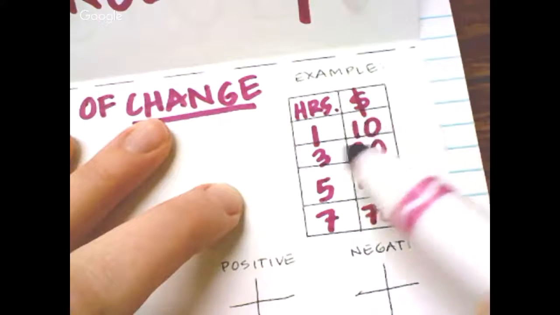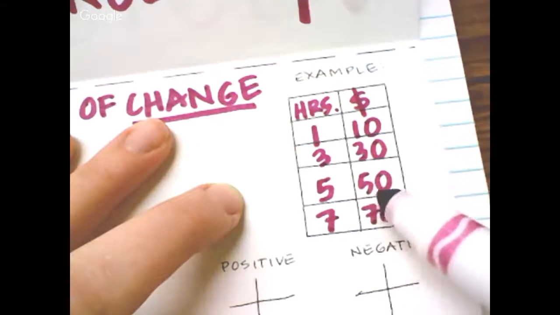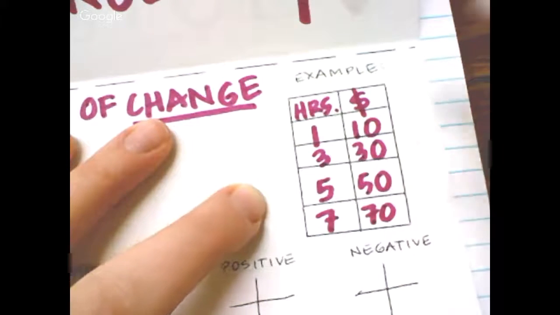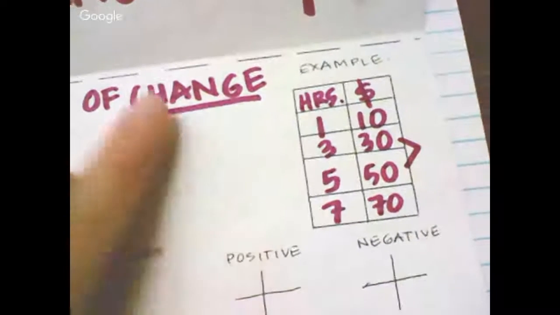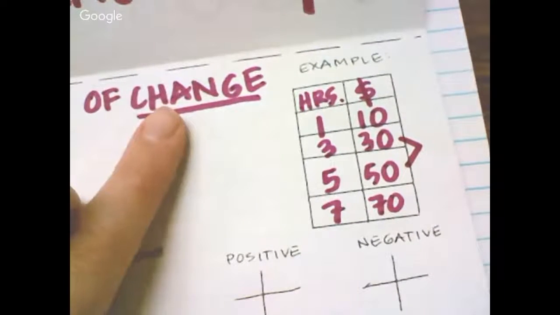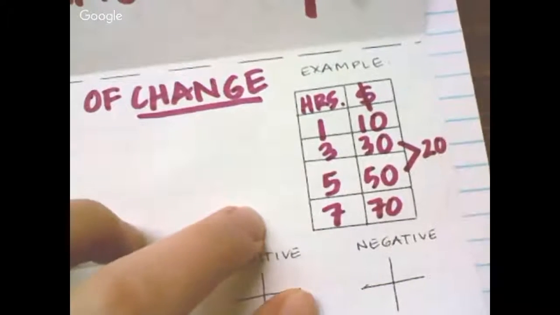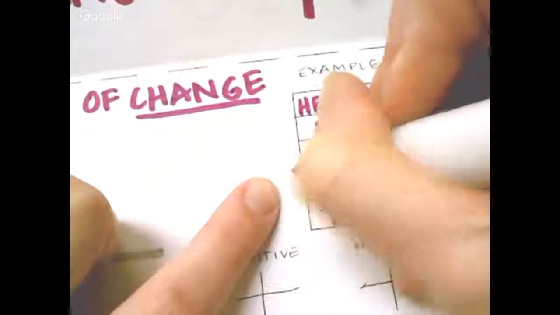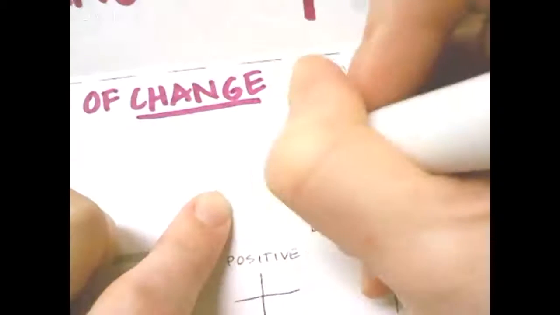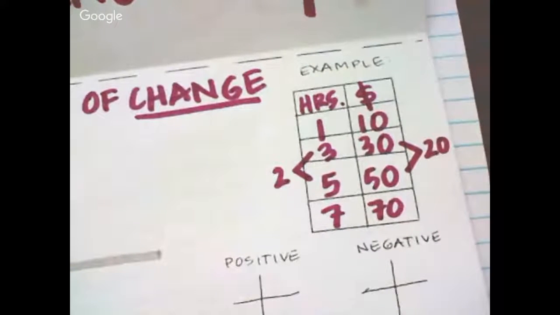So look at the change. So I can either look left to right, or what is the change in y? Remember, I'm talking about change. Well, there's a change of 20. What's the change in my x value? Change of 2.